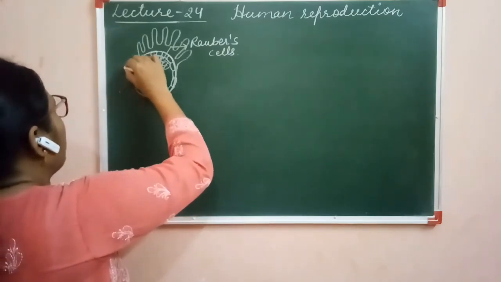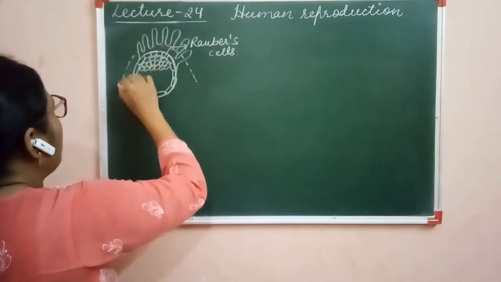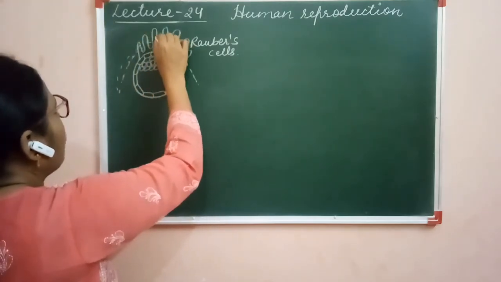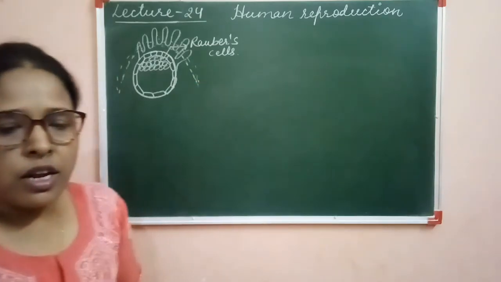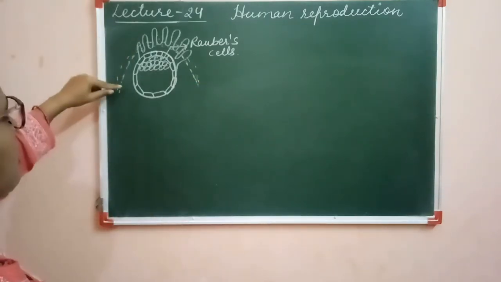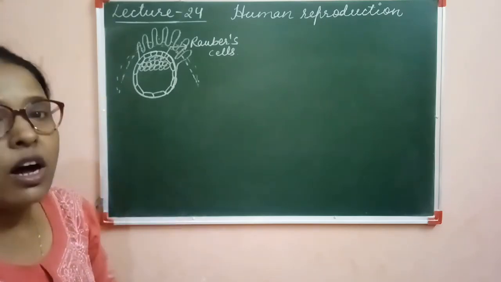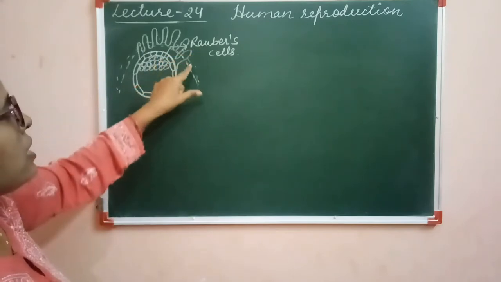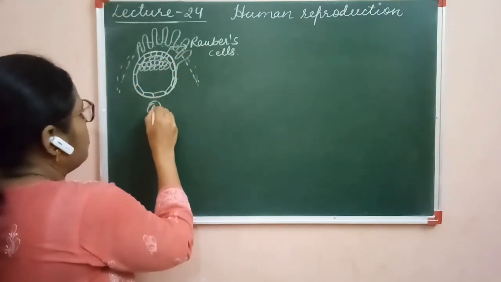This is the wall of endometrium, this is the endometrial layer. Clear? And the chorionic villi are penetrated into the endometrium layer. This is the structure of implanted blastula. Clear? These cells are called Rauber's cells. This is the A structure.